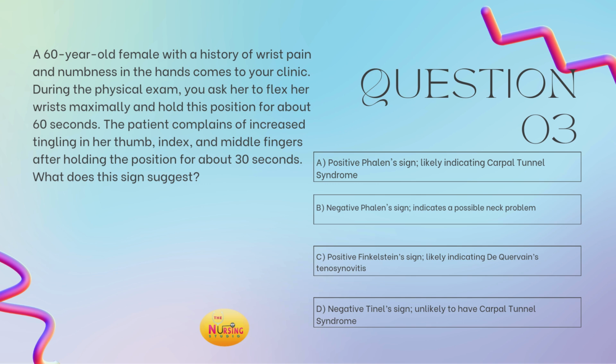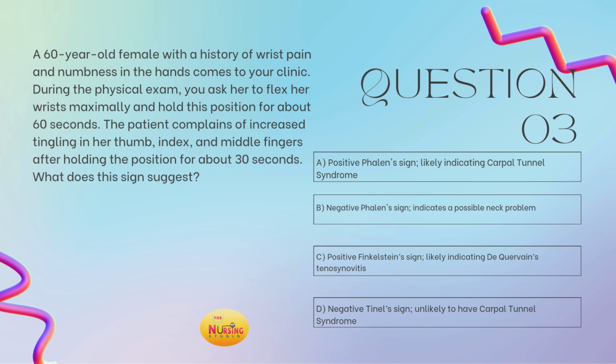All right, so the stem of the question here states, what does this sign suggest? Clearly we need to figure out what sign we're talking about and then identify what it suggests, right? So this patient is a 60-year-old female who has wrist pain and numbness in the hands and comes into the clinic. On exam, you're asking her to flex her wrist maximally and hold that position for 60 seconds.